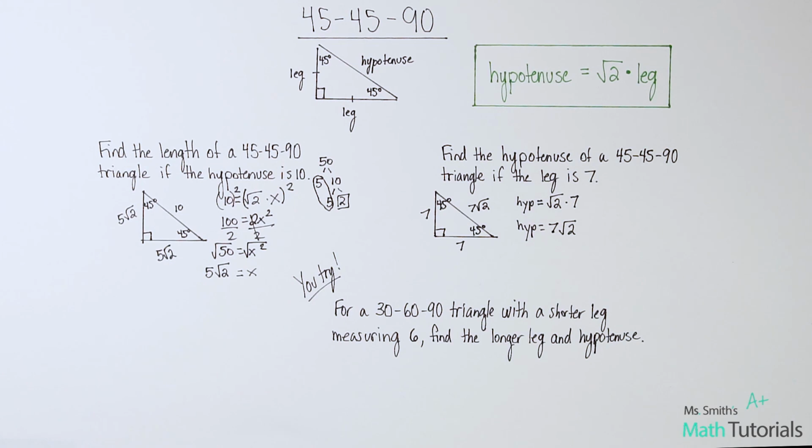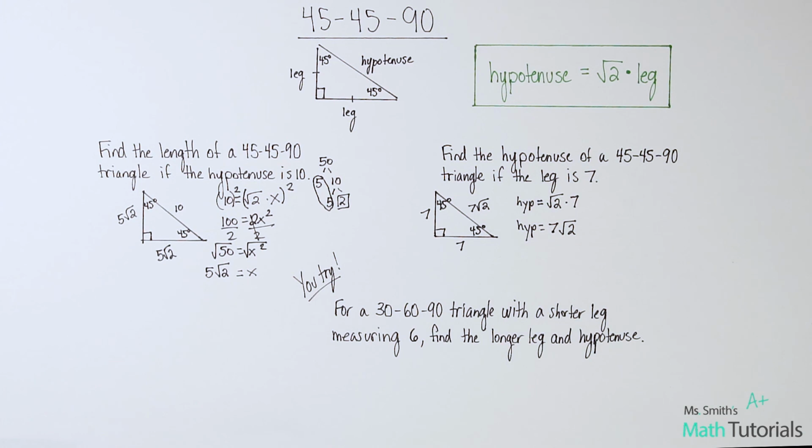All right, so one thing I want to point out is probably the biggest student error I see after students learn this 45, 45, 90 and the 30, 60, 90 tricks, if you will, shortcuts, is that they want to apply that to every single right triangle that they see.